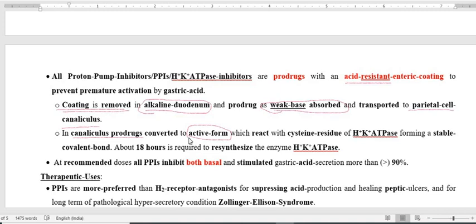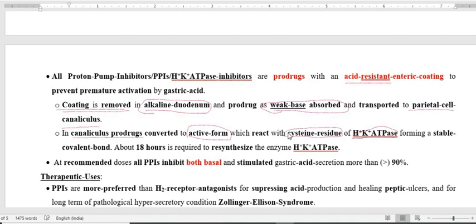Once it gets activated, it is going to combine with the enzyme hydrogen ion potassium ion ATPase with its cysteine moiety, the cysteine residue.